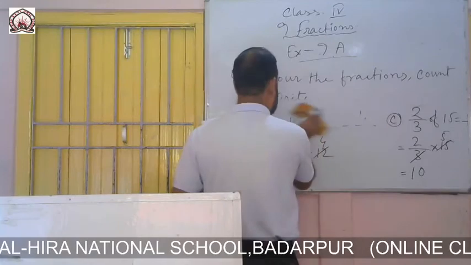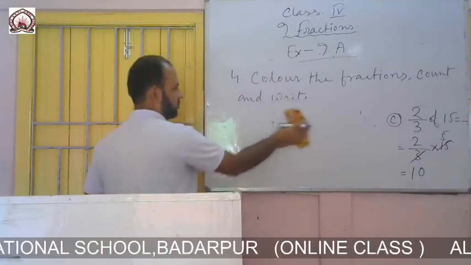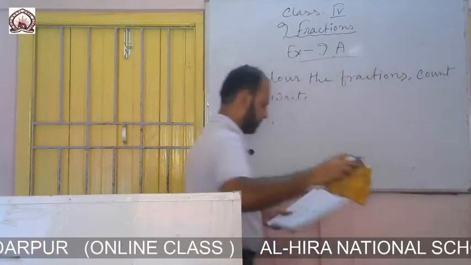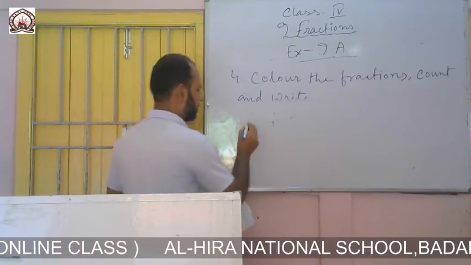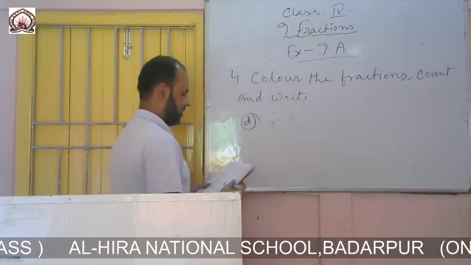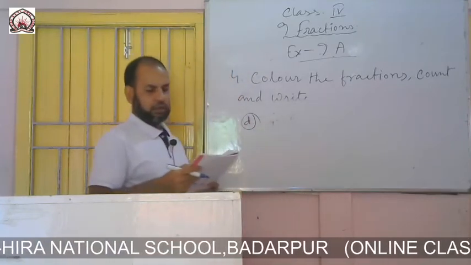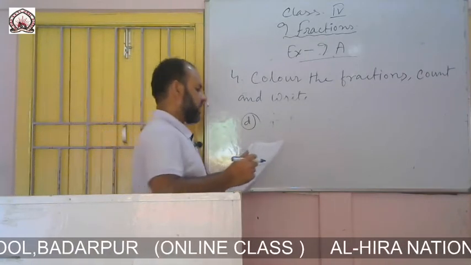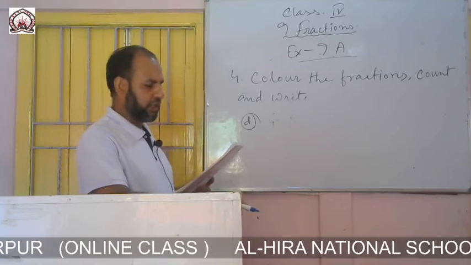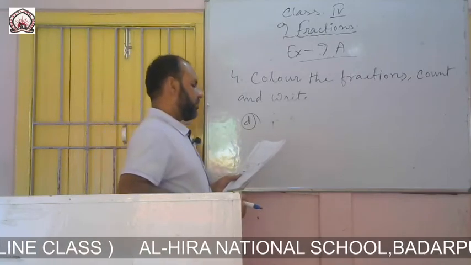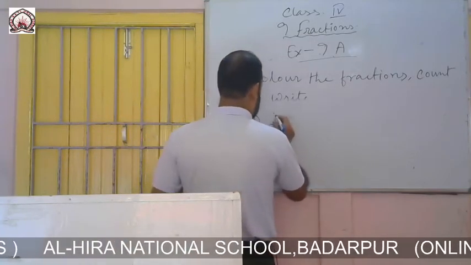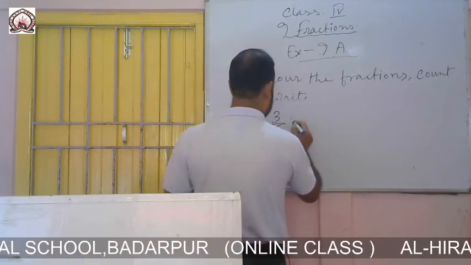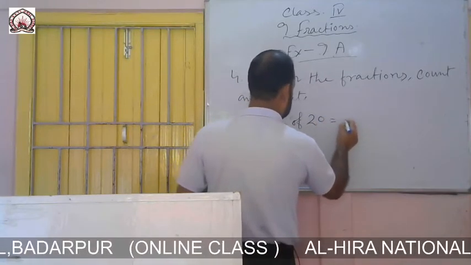Next question number D. Here 20 triangles are there. Out of 20 we have to take out 3/5. 3/5 of 20 equal to dash.